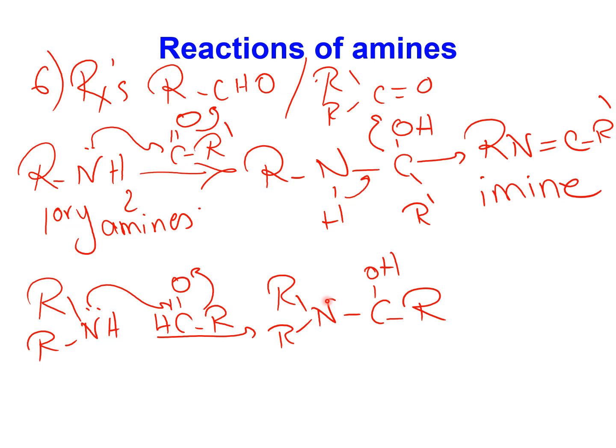It's a secondary amine, so it will have no hydrogen to condense with the hydroxy group on the carbon of the carbonyl. So either you stop at this stage, or if the side chain of the aldehyde or ketone has an acidic hydrogen, it will condense with the hydroxy group, giving what we call an enamine.